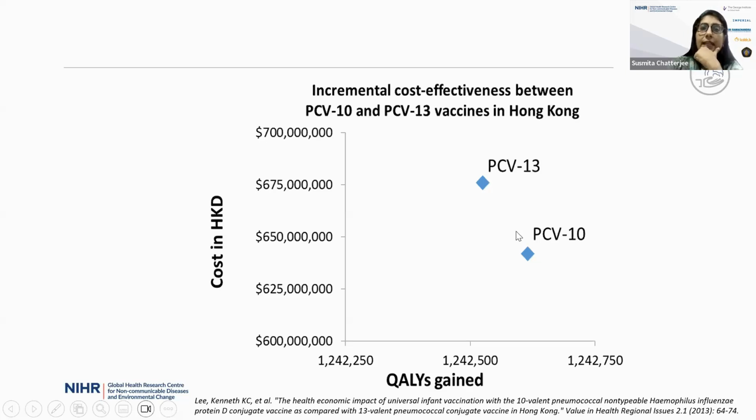Which one will you select? Answer in the chat. PCV10 or PCV13? I hope you understood the graph. The horizontal axis is telling you the QALY gained, that is, towards the right means more QALY gained, and up is higher cost. Which one are you going to choose?